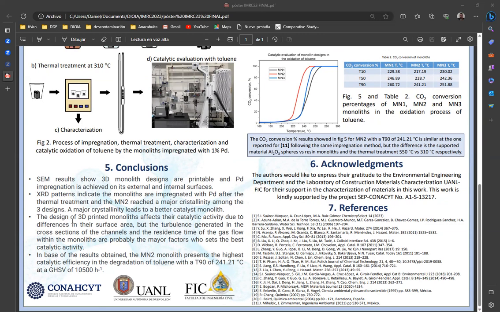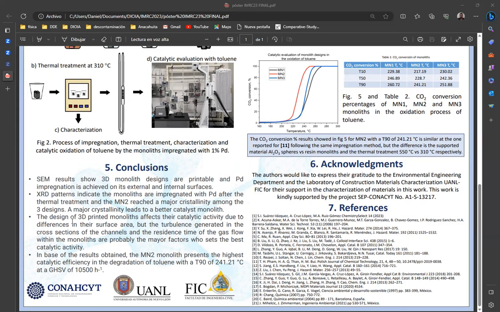The design of 3D printed monoliths affects their catalytic activity due to the differences in their surface area, but the turbulence generated in the cross sections of the channels and the residence time of the gas flow within the monoliths are probably the major factors that set the best catalytic activity.